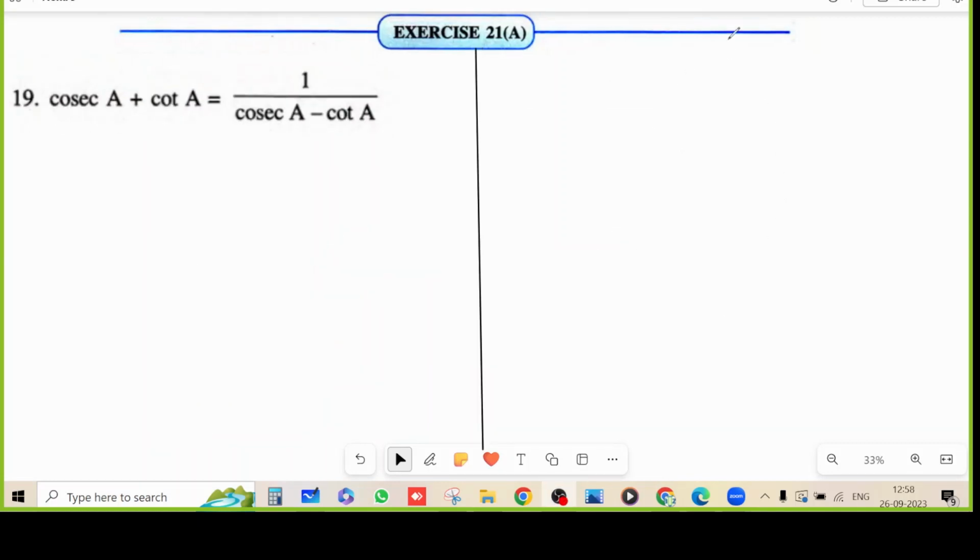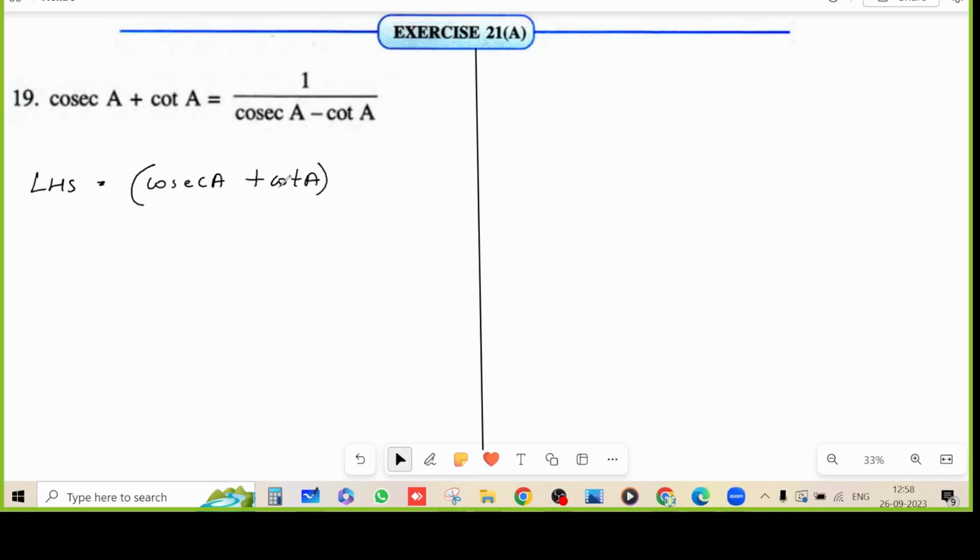This is question number 19, where the left hand side is given as cosec A plus cot A. So we can start with the left hand side as cosec A plus cot A. In this case, we want cosec A minus cot A in the denominator in the right hand side.